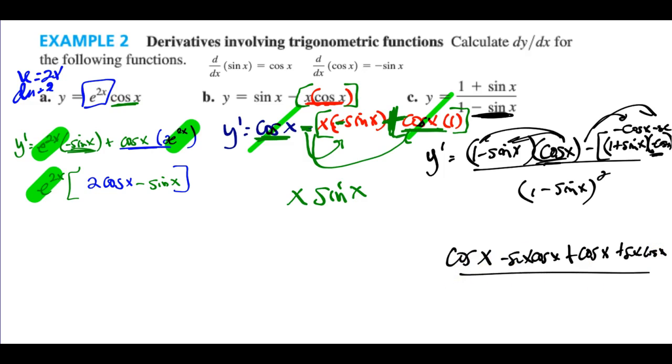And it looks like this cosine x does not cancel, but the negative sine x cosine x with this positive does. And I think I have an answer now, maybe of 2 cosine x over the common denominator.